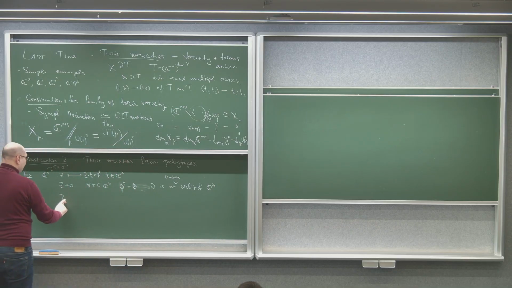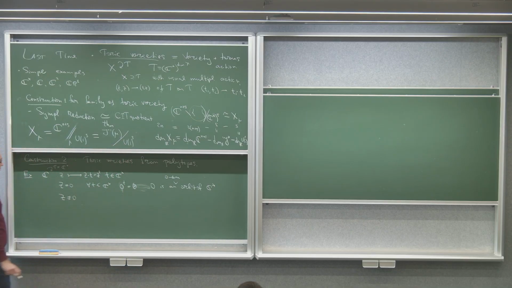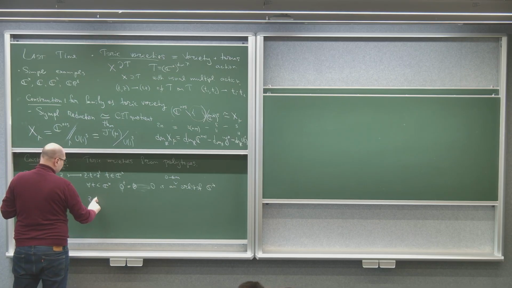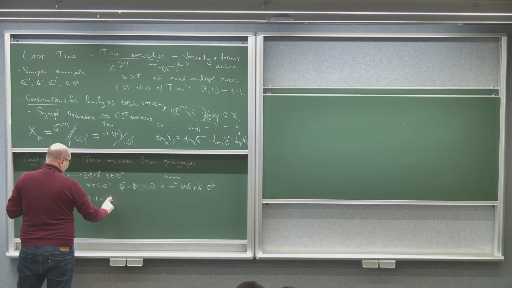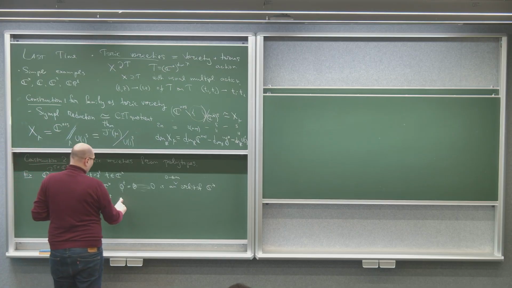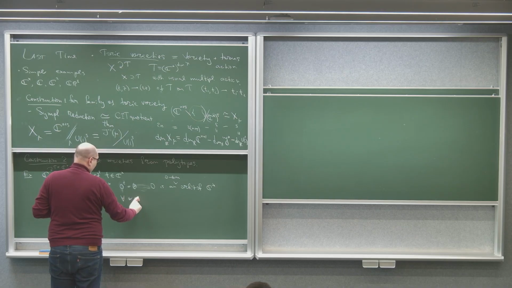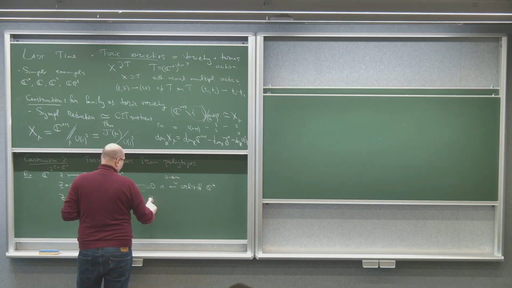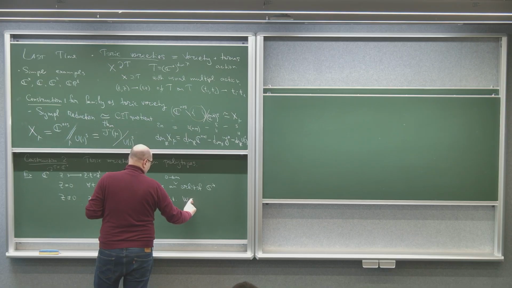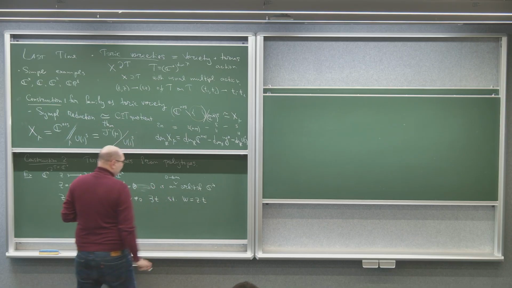While if I take a complex number which is non-zero, then multiplication by t can in principle turn any non-zero complex number into any other non-zero complex number. For any w which is non-zero, there exists some t such that w is z times t.